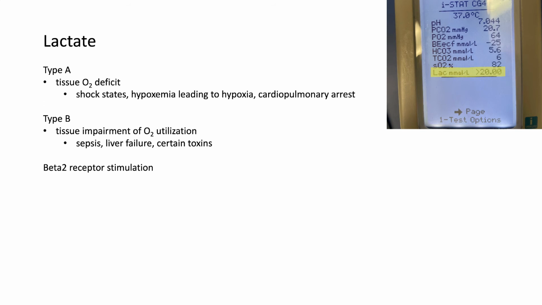Iron causes a lactic acidosis, often through shock states, but the iron itself can disrupt the function of the mitochondrium and can result in a bit of a type B elevation in lactate as well. So lots of reasons in this patient for a high lactate, which we definitely see on this gas.